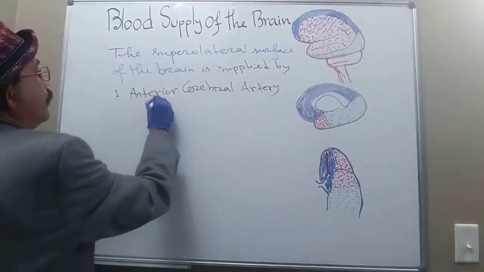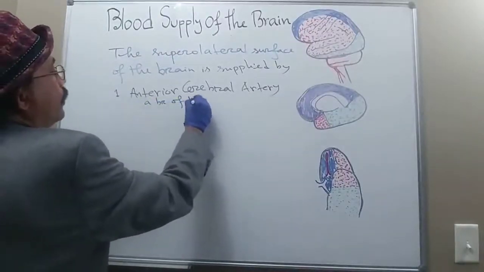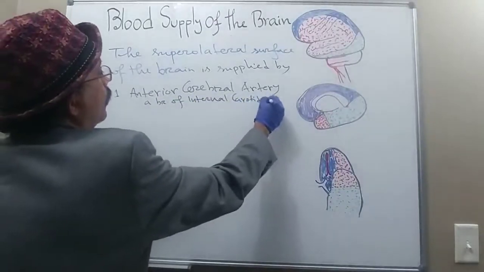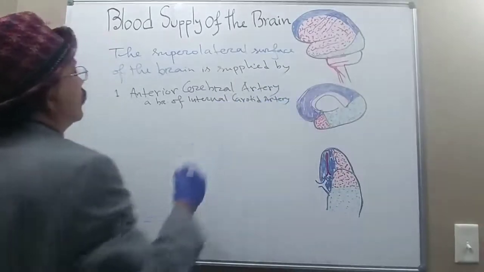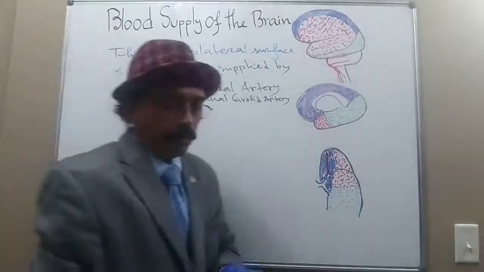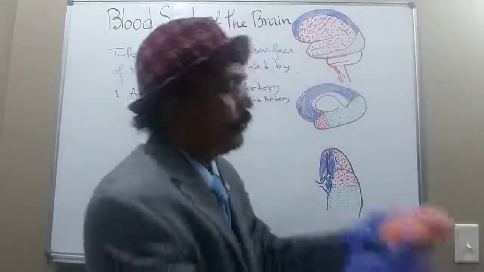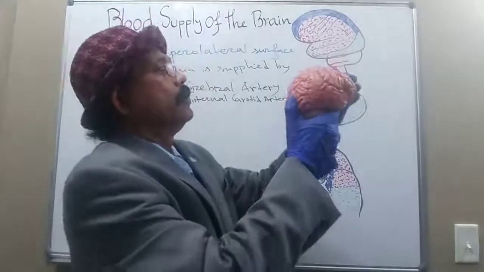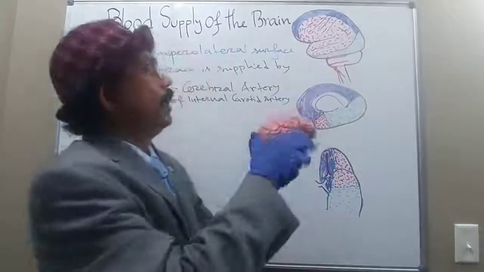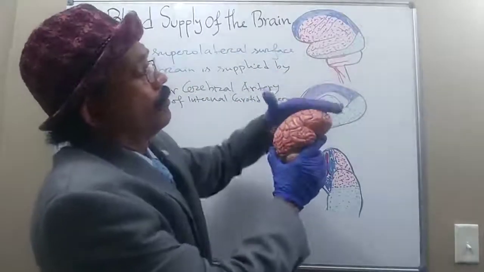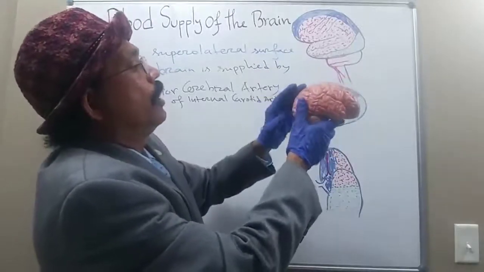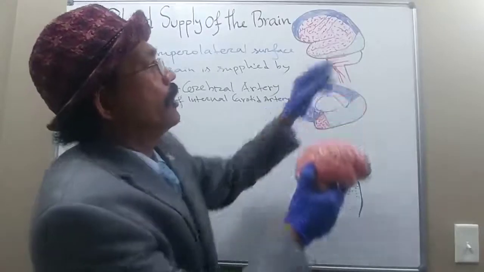So which part of the superolateral surface does the anterior cerebral artery supply? Along the superomedial margin, around 2 fingers from anterior to posterior up to the parieto-occipital sulcus.